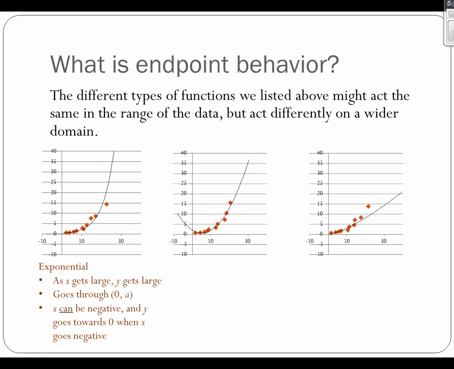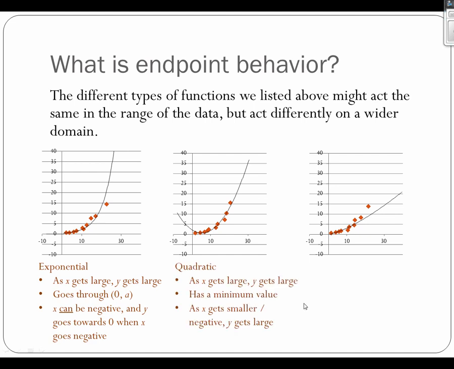Well, as x gets big, y gets really big, and it goes through some non-zero y-intercept, and x could be negative, and y goes towards 0 when x is negative. Now, it might be the case for the data that we have that it doesn't make any sense to think about negative x values, in which case it still can be exponential, but we want to make sure that all the data that we have matches what's possible for that function.